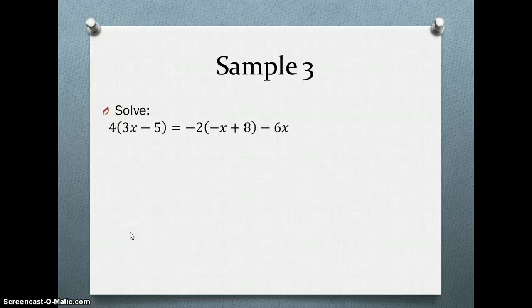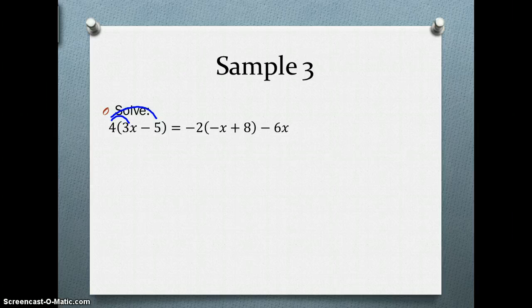And our last sample to get us back in the swing of things here. Bunch of parentheses, a lot more terms here, but it's still the same process. First thing we need to do is simplify both sides of the equation as much as possible.